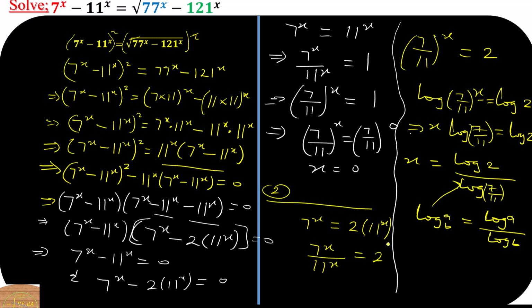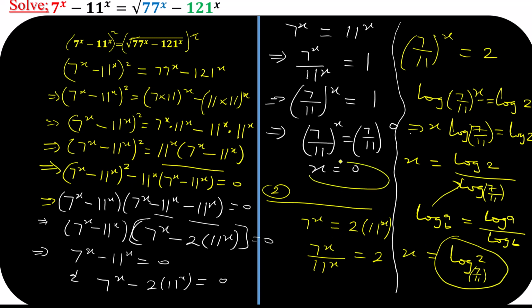So we can conclude by saying x equals log 2 to base 7 on 11. Therefore the second answer is this. So the first answer is 0 and the second answer is this.